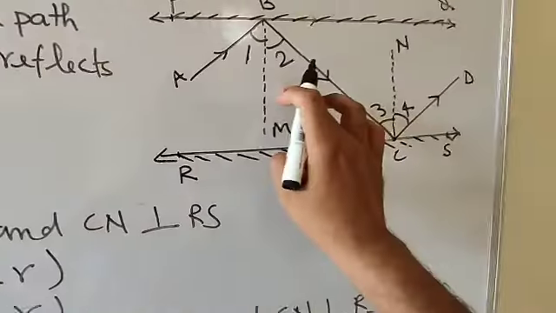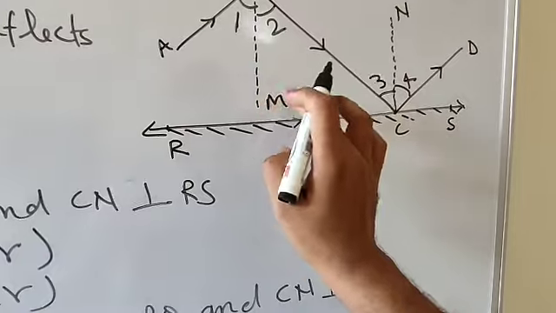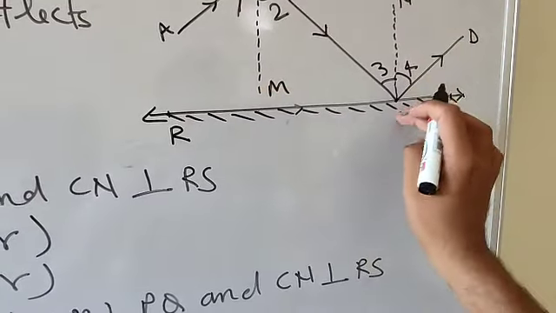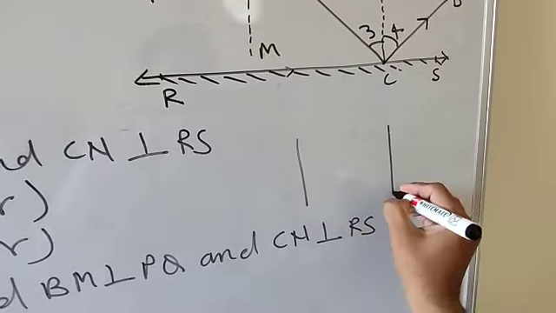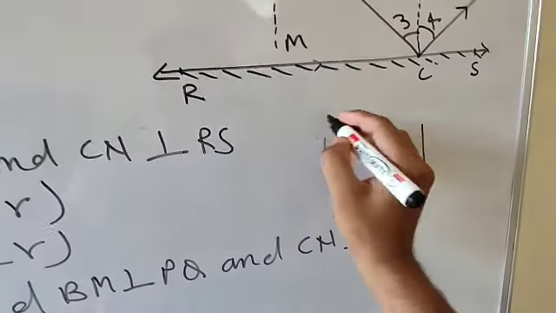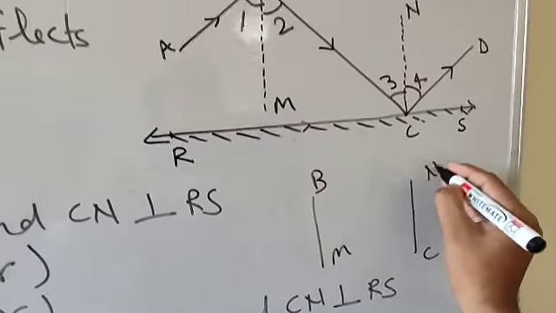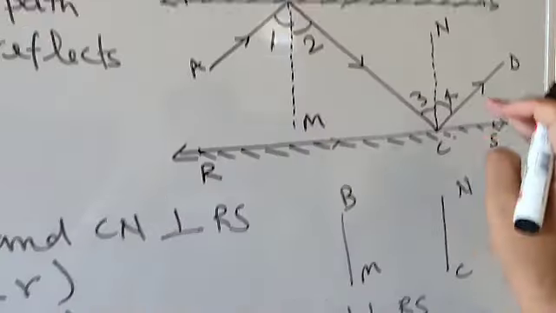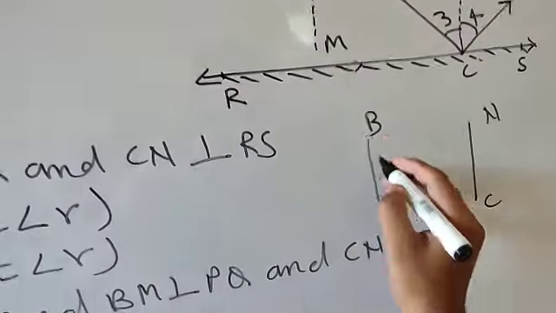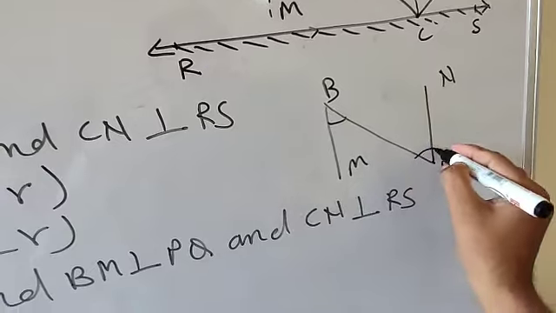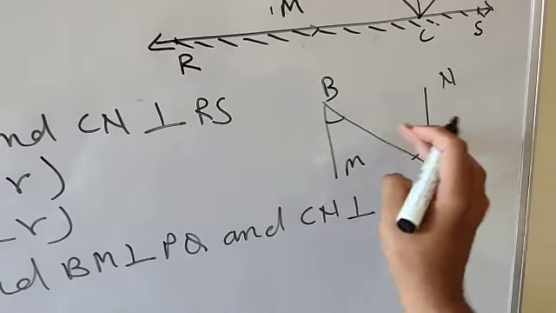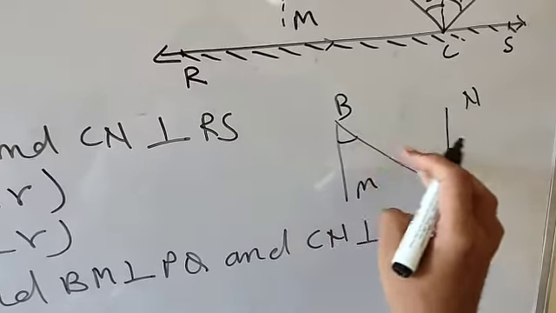So if BM and CN are parallel, here it is BM and it is CN, I am going to draw it separately, BM and CN. And if I join this, it is like this, then what type of these two angles will there be? That will be the alternate interior angles. So both will be equal.